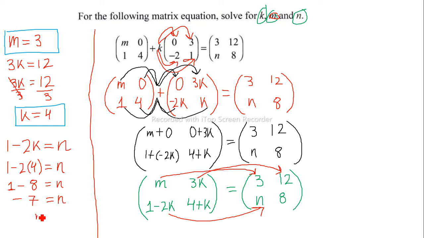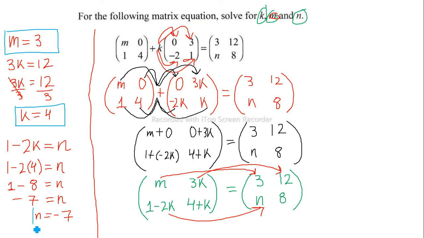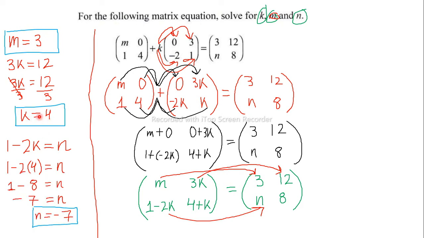So n equals negative 7. So in order for these two matrices to be equal, n must equal negative 7, k must be equal to 4, and m must be equal to 3. Do we understand that?